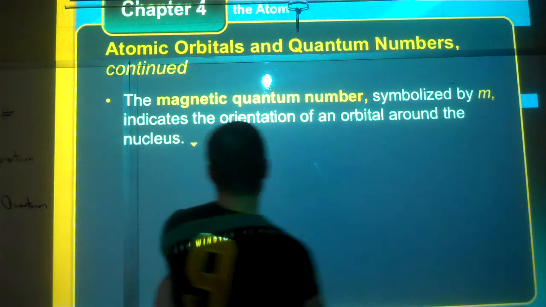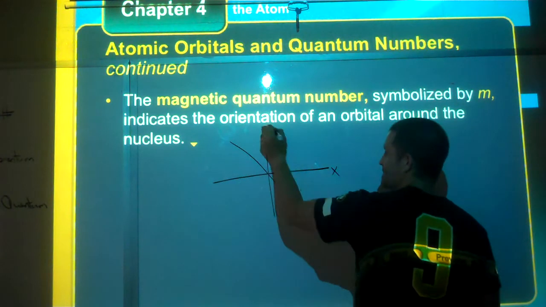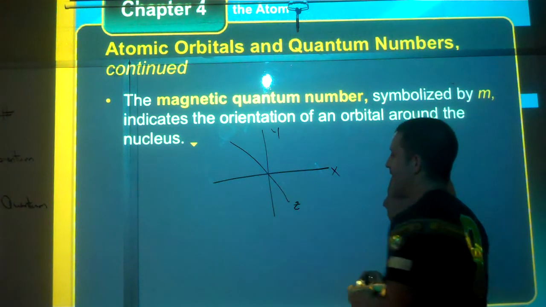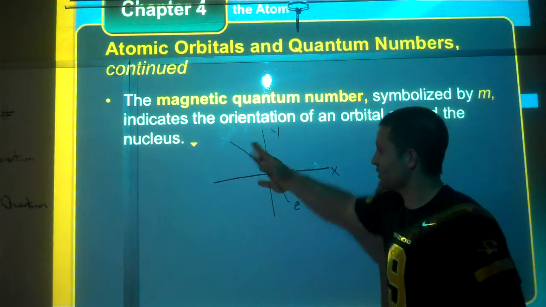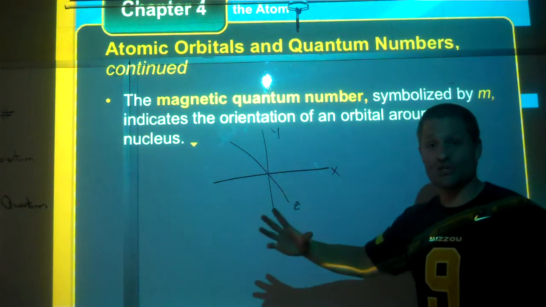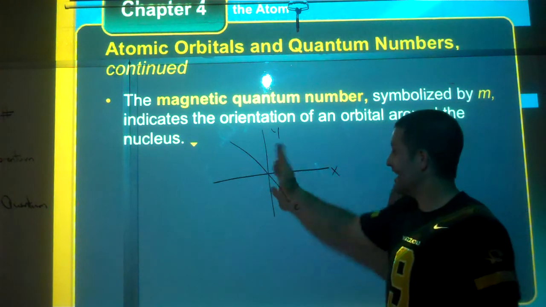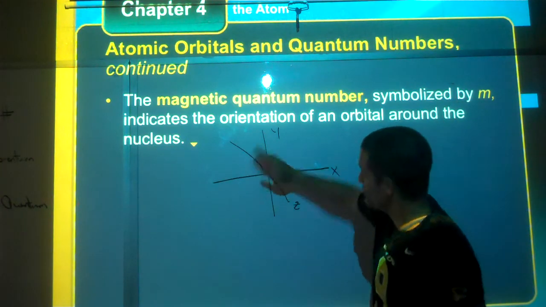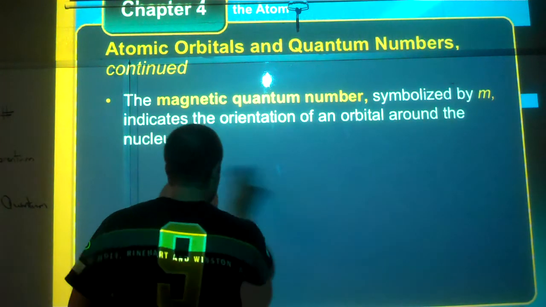So you can think about a three-dimensional plane. You have x, y, and z. How are the clouds oriented? Are the clouds on the x-axis, the y-axis, or the z-axis? It's orientation. I think of magnetic poles, that's how I remember orientation, either here, here, or here. That's a tricky one for students to know.